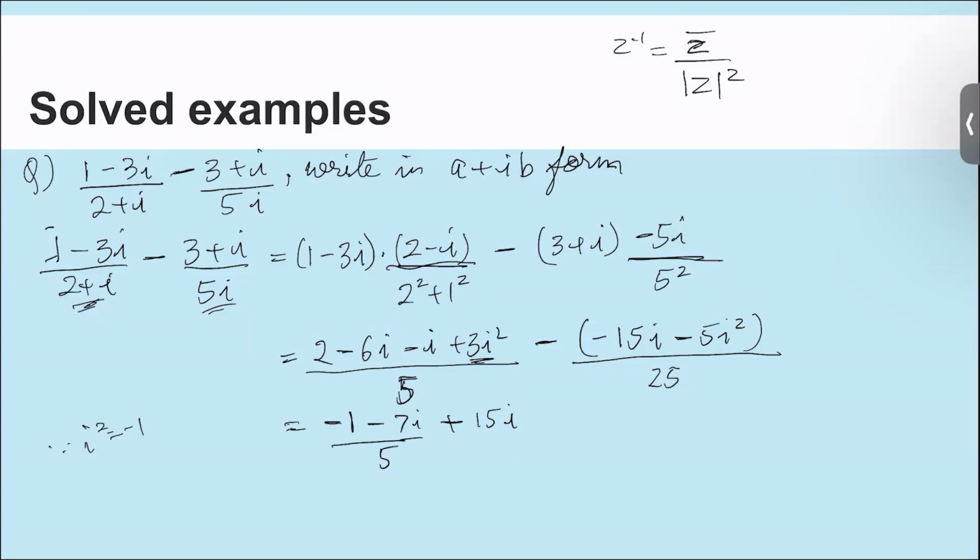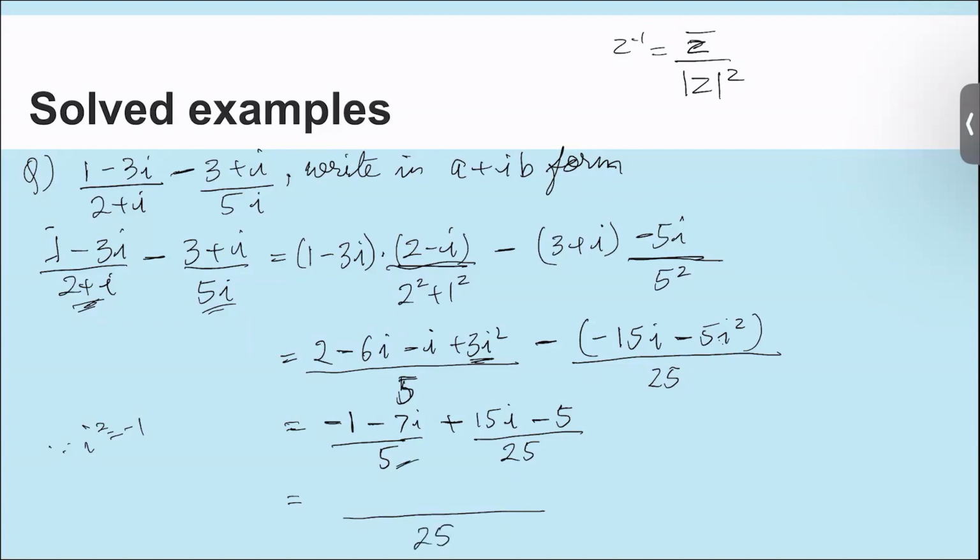We can actually keep the negative sign, but we can change it. So we have plus 15i, and since i squared is equal to minus 1, this becomes plus 5, and then it becomes minus 5 upon 25. So to get the common denominator, we can multiply the first term by 5.